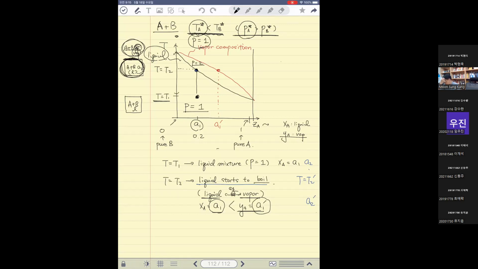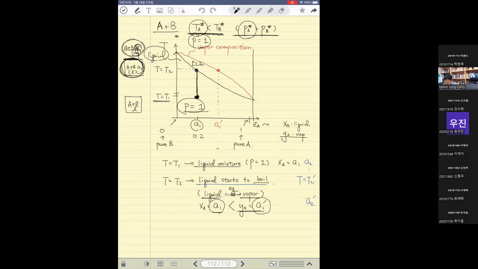right? So here is something that you can do. Let's say I start from here, P being equal to 1. I had this liquid mixture, A plus B, and I increase the temperature up to here. And what I'm going to observe is, for the first time, the existence of the vapor phase.